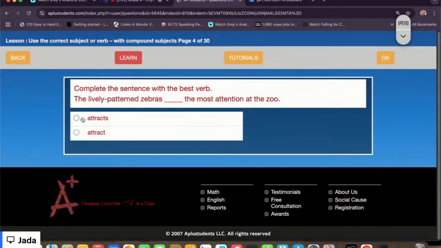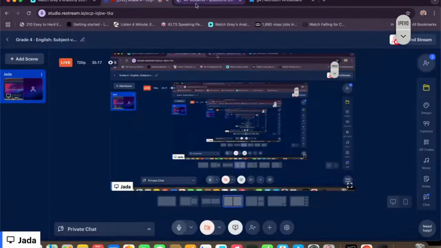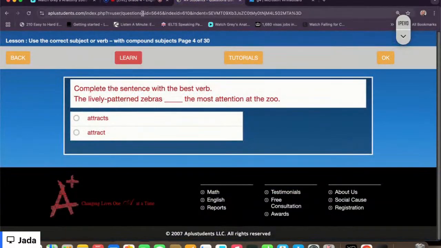Okay, so the lively patterned zebras dash the most attraction at the zoo. So first or second, attracts or attract?